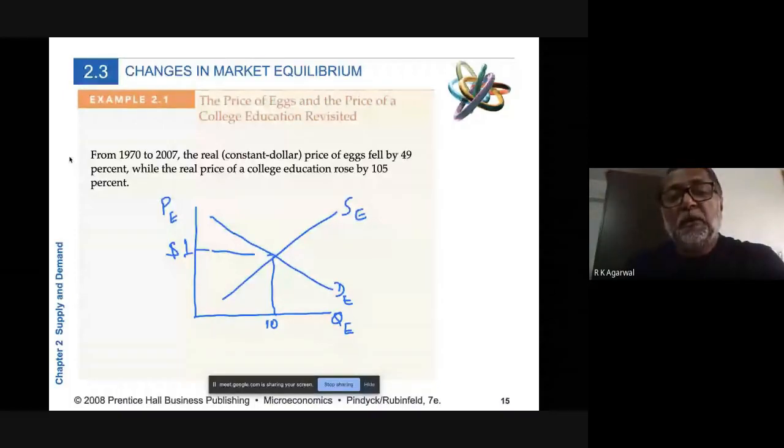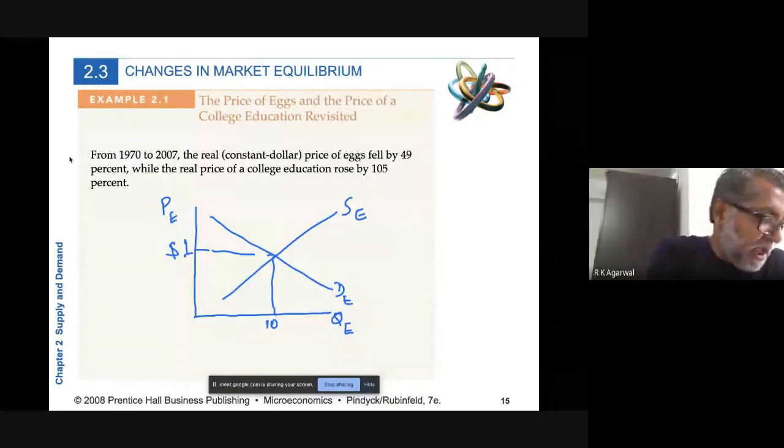Now, supply and demand must have shifted to bring about a fall in the price from $1 to 51 cents, because price has fallen by 49%. So now the price has fallen to 51 cents.